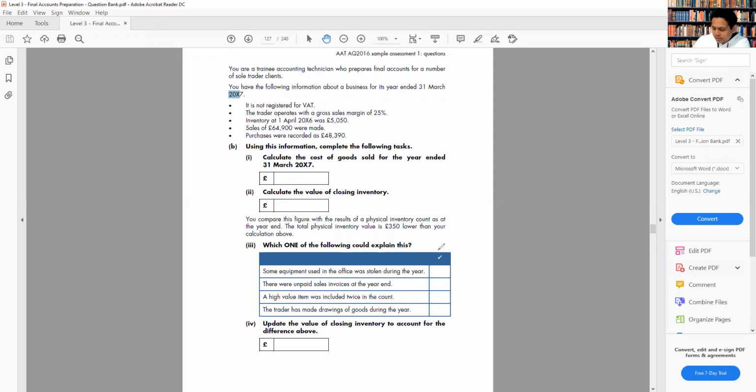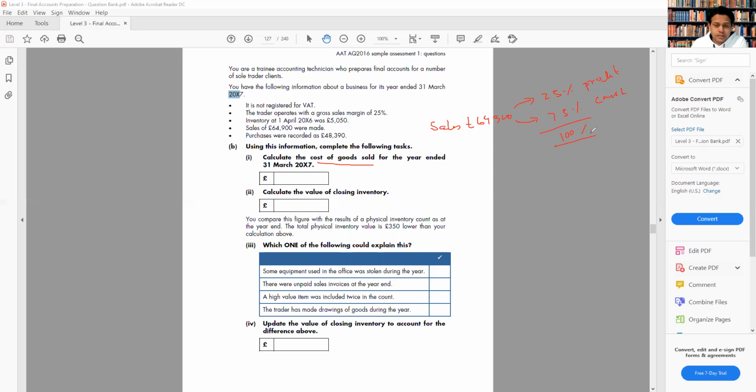So let's find our cost of goods sold. The sales are 64,900, and out of the 64,900 sales, they are saying 25% is the profit. So if 25% is the profit, then 75% is the cost, isn't it? And that gives me 100%.